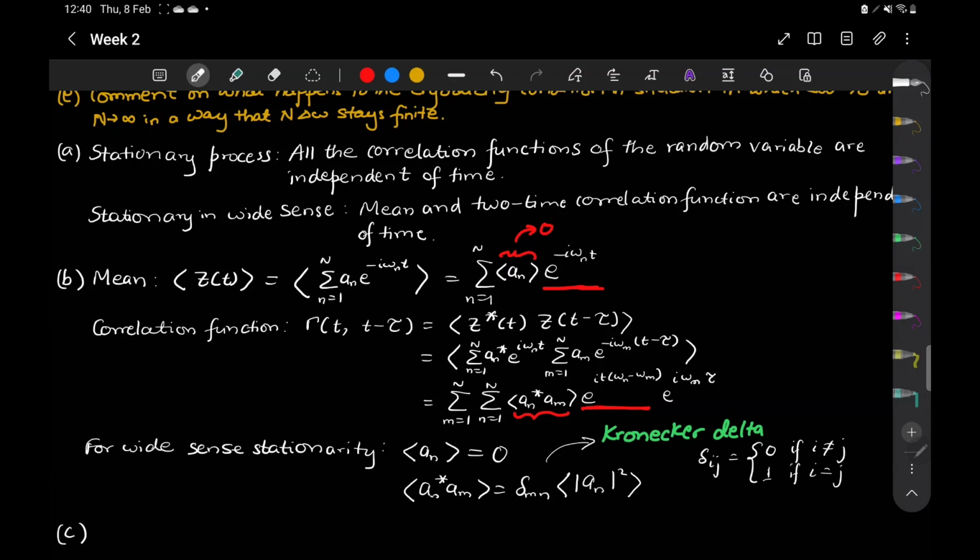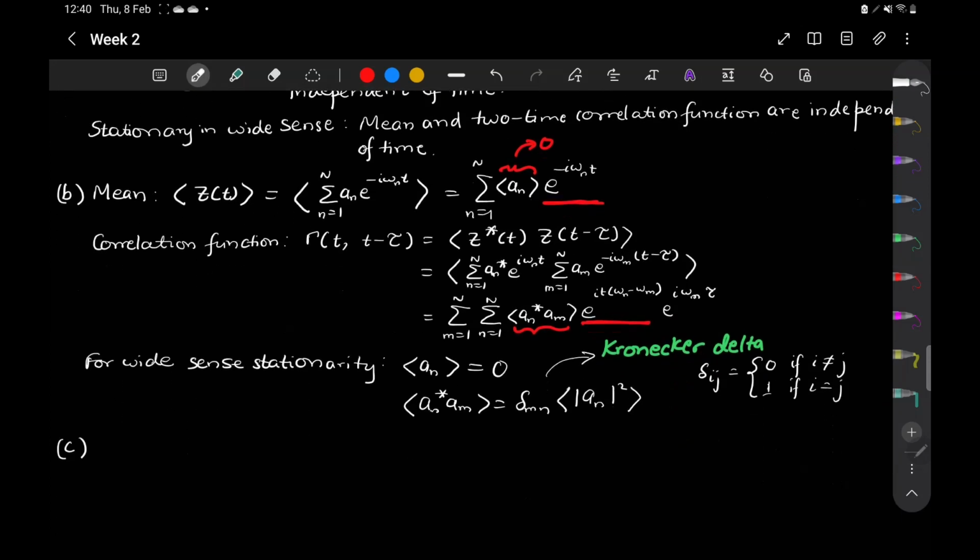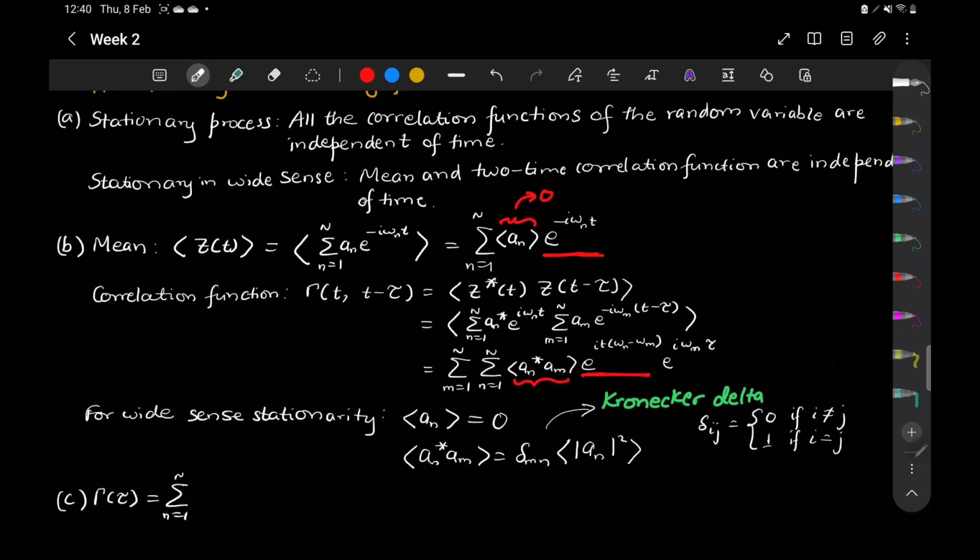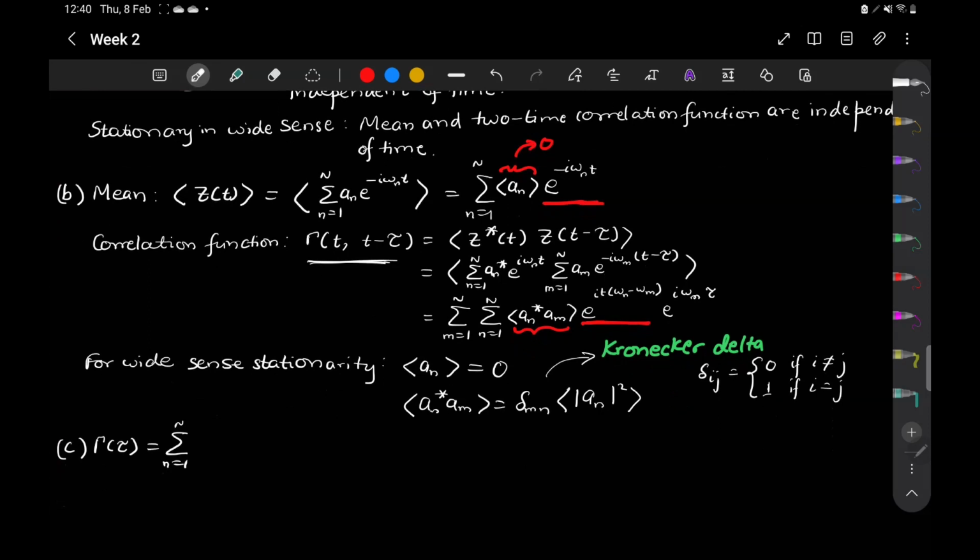So let us see. Gamma tau, let us write that. We get it from this 2-time correlation function, the time independent version for wide sense stationary. So this an star am we saw needs to be delta mn times the expectation of mod an squared.